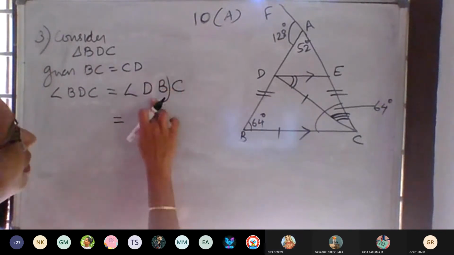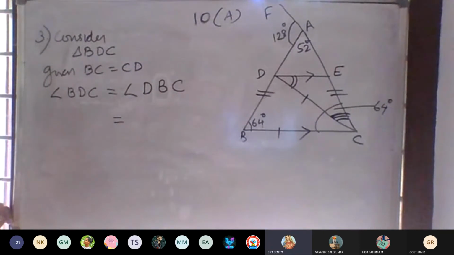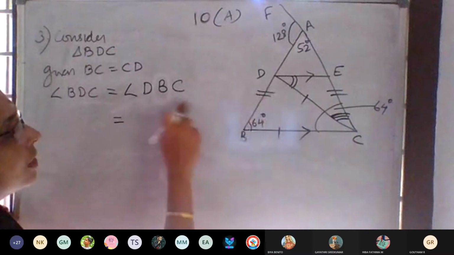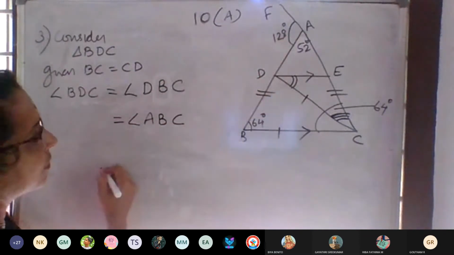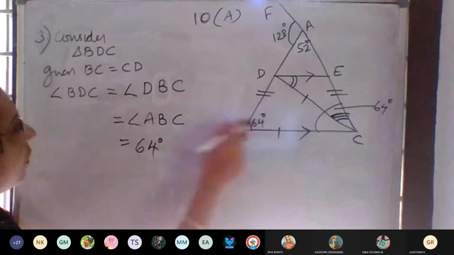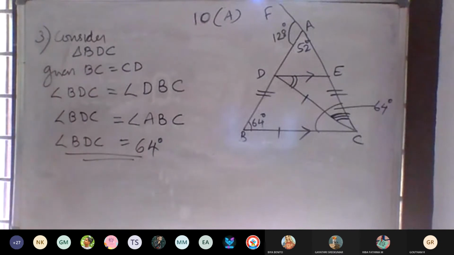What is this angle DBC? We have the value. That is 64 degree. That means we got angle ABC, that is 64 degree. That is angle BDC is equal to 64 degree. BDC we got 64.